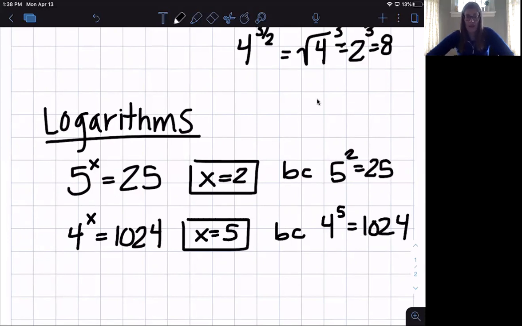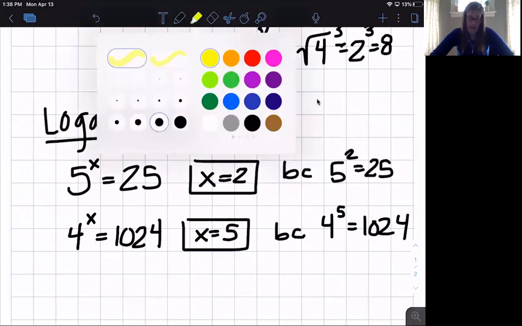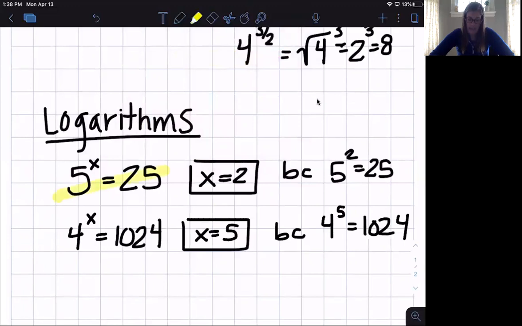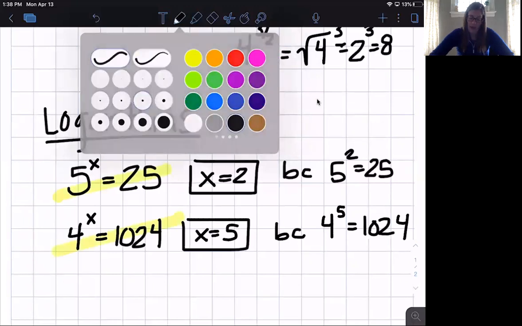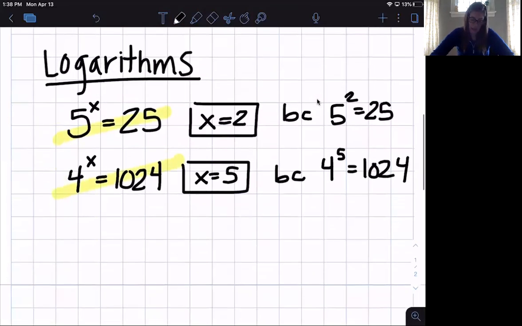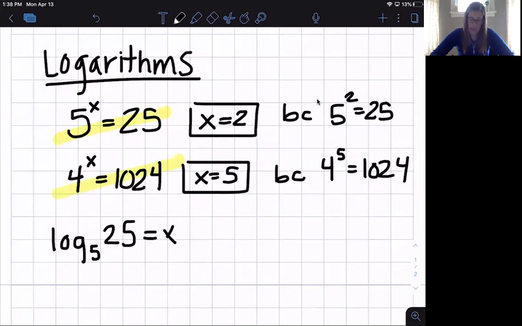Okay. But mathematicians created a way to write these questions, 5 to the x equals 25 and 4 to the x equals 1024, and we call it a logarithm. So we can write that question as log base 5 of 25 is equal to x.